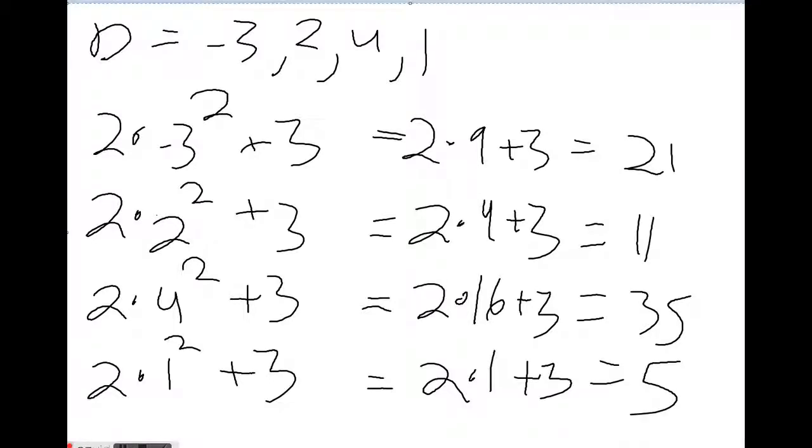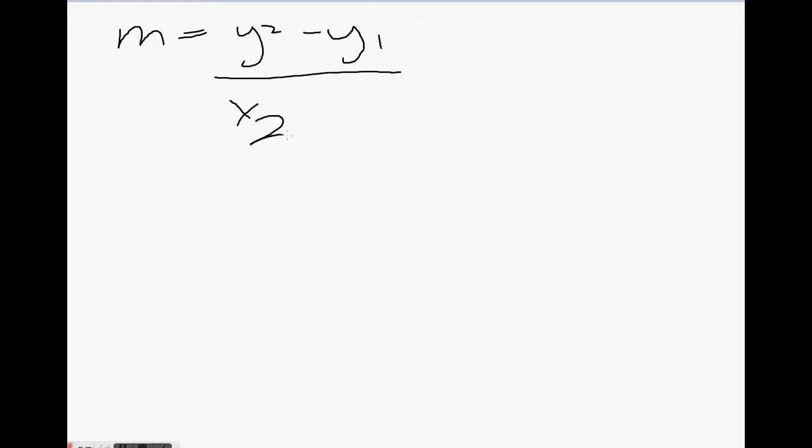Alright, that's done. Next is find the equation of the line passing through two points. Find the equation of the line, class. So we need to do two things here. We need to find the slope, which is y2 minus y1 over x2 minus x1.